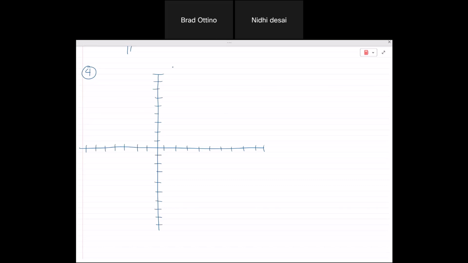Let's put a point at -6, -5. And I'm going to make that go up until negative 2, 2. I'm going to draw a flat line from negative 2 to 3.